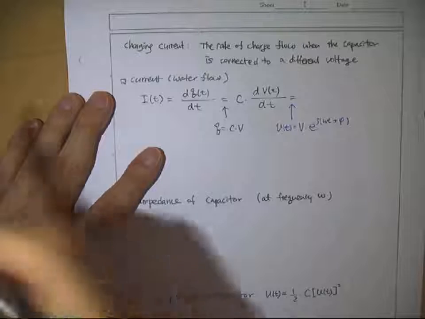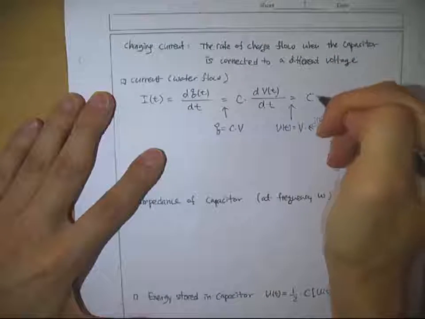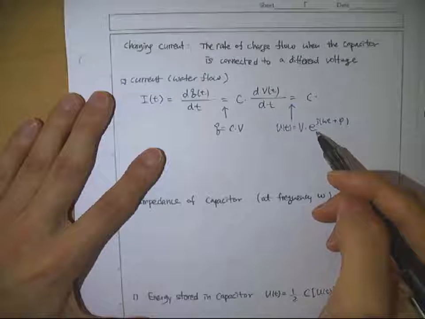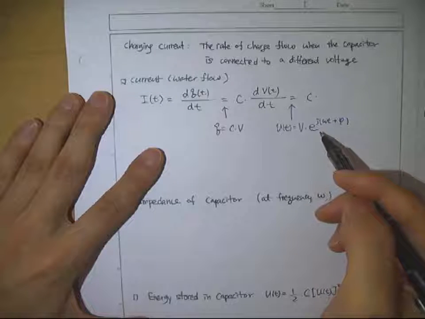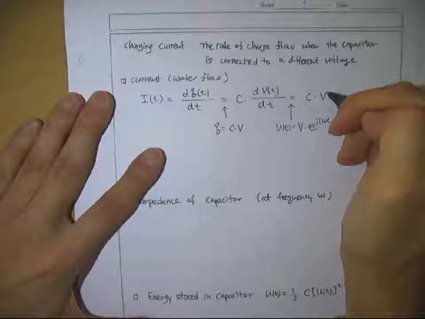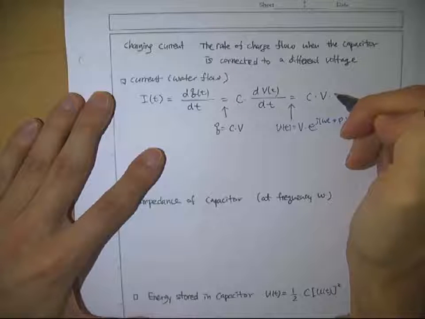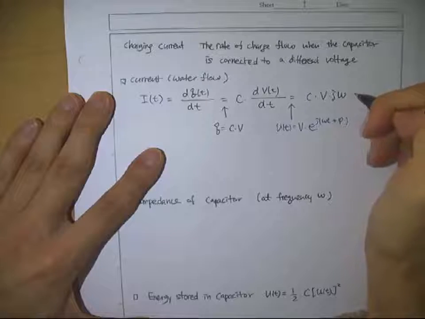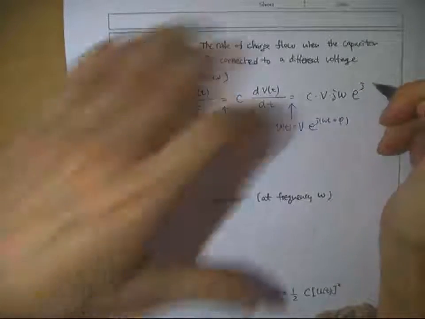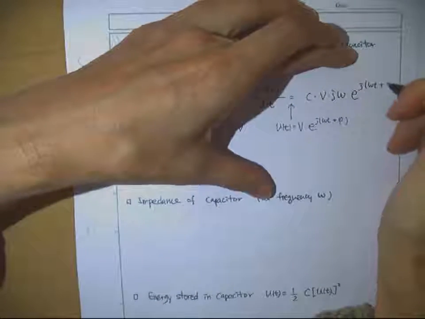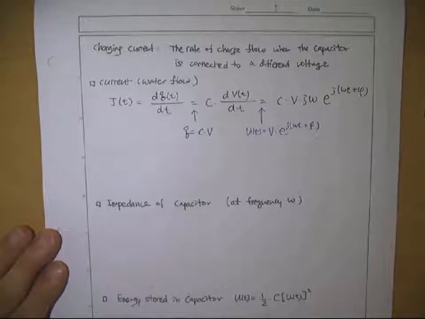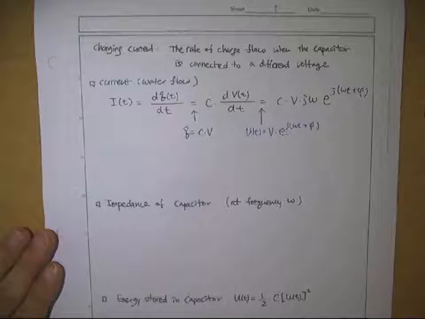So if you plug it in and differentiate with respect to time, you get C V j omega e to the j omega t plus phase, right?